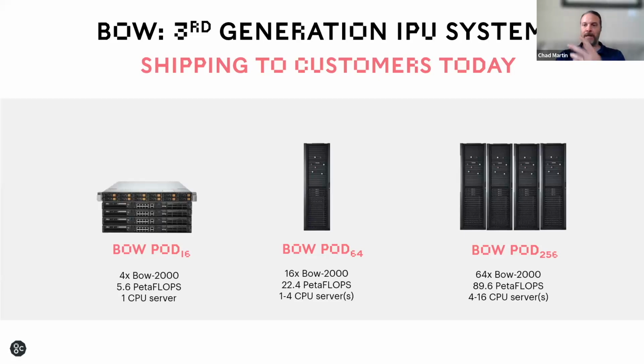And then the Pod 256 is really just taking 4 of those Pod 64 racks and connecting them together via those IPU gateway links that I mentioned. And then you can configure it as a single Pod 256. Now, that doesn't mean that every model needs to use all of those. Take the Pod 64, for example.